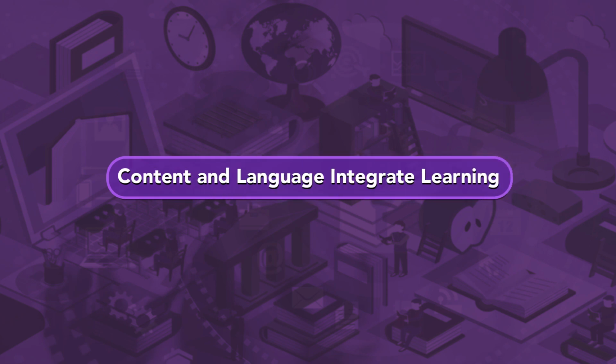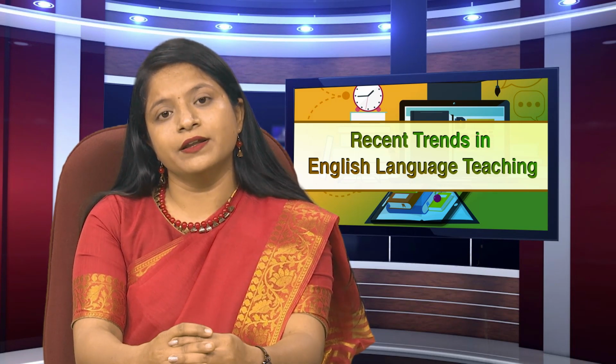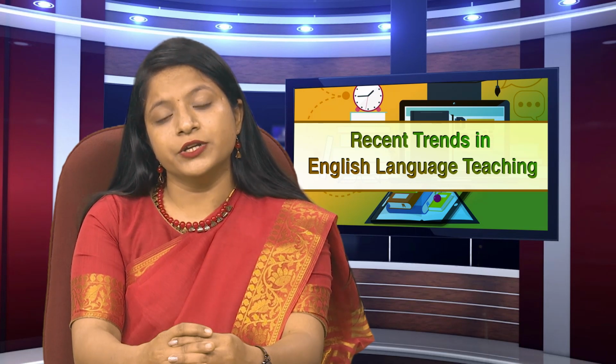After that, the fourth historical trend of language learning is content and language integrated learning. Yes, this one is not a very old historical trend of language learning, but compared to the new tools or trends of language learning, this one has been considered a historical trend. Content and language integrated learning is one of the trends where an English language teacher uses cross-curricular content.